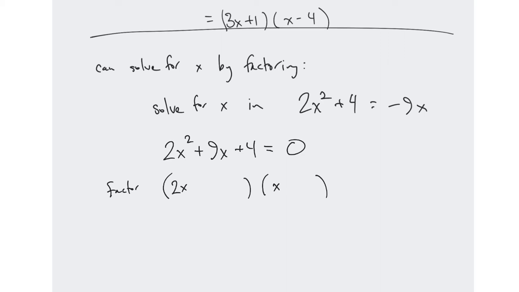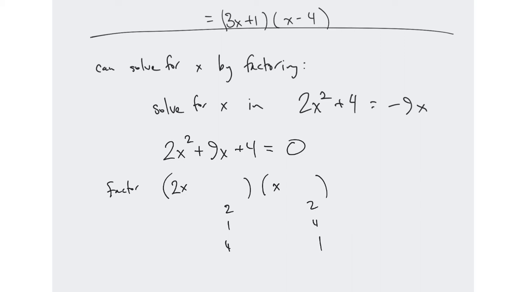Just like last time, it could be a 2 and a 2, or it could be a 1 and a 4. It could be a 4 and a 1, right? Does anybody see how this can work out? If you choose those two numbers, you want to make it so that the inner plus the outers adds up to 9.